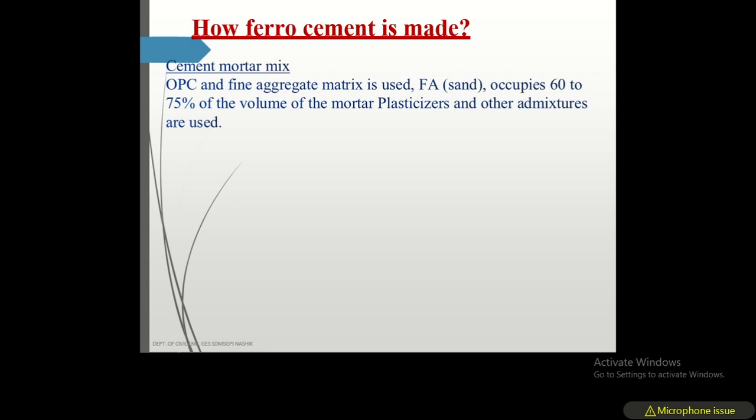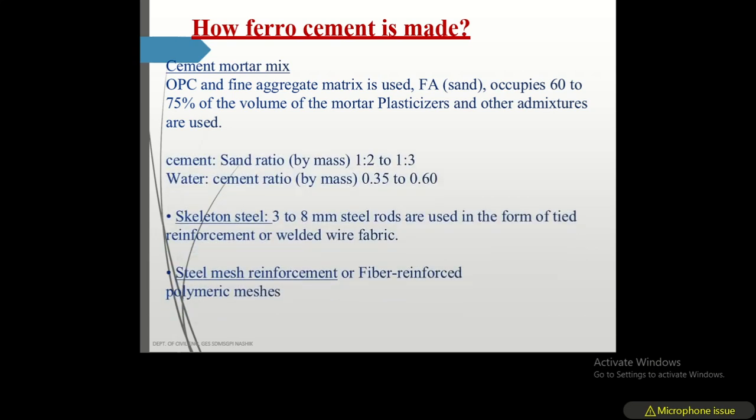So in cement mortar we use fine aggregate, that is sand, cement, OPC, and plasticizers and some admixtures also. The cement sand ratio must be 1:2 or 1:3, and the water cement ratio by mass is 0.35 to 0.60.